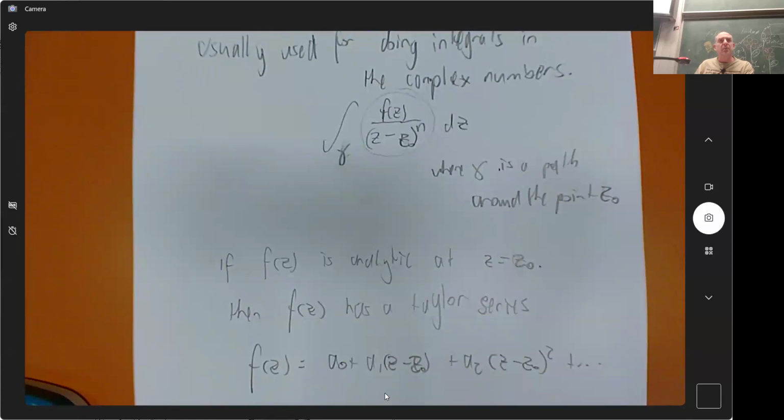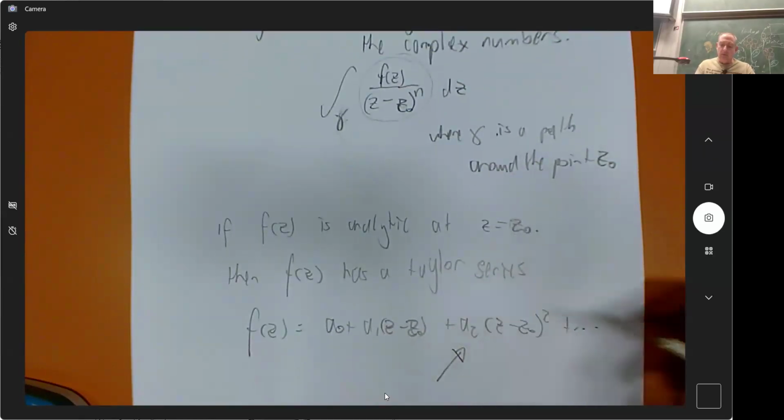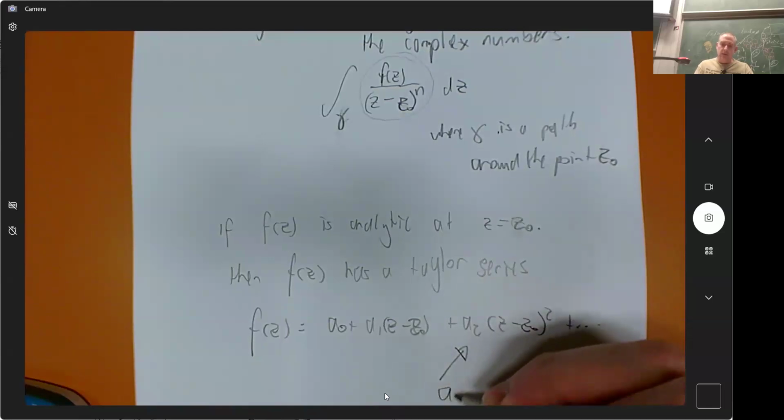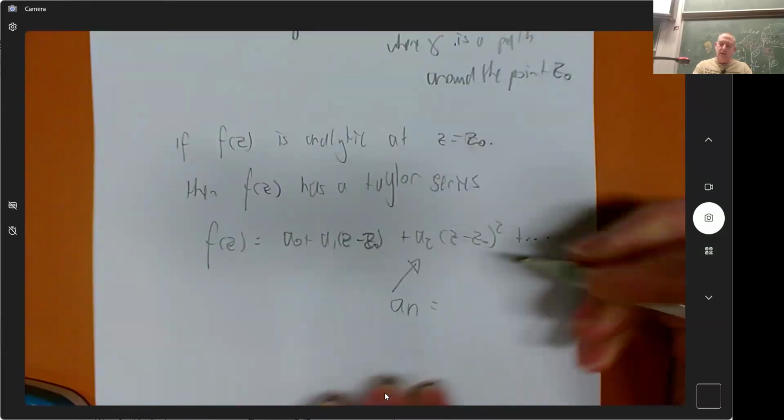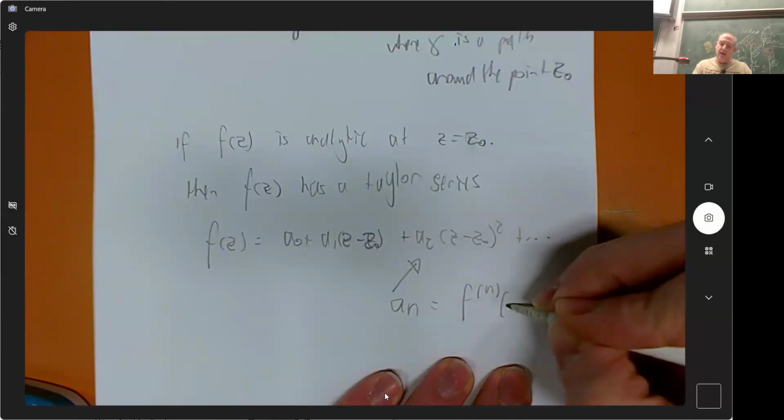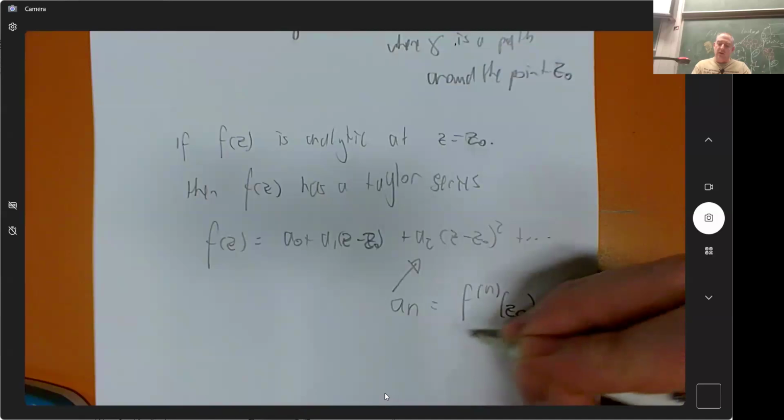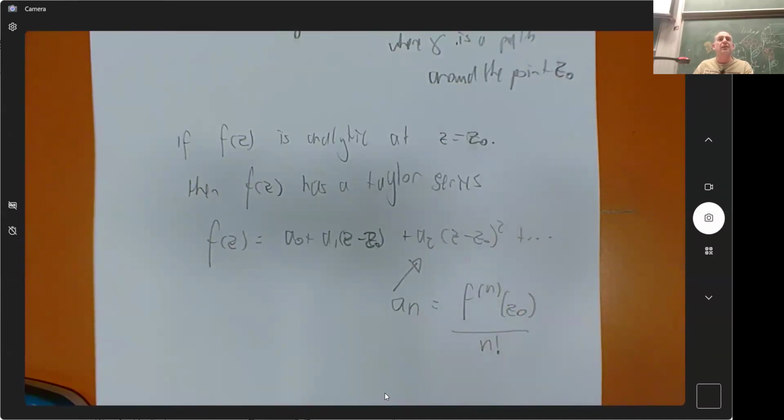And it may be that it's a polynomial already, in which case there'll come a point where the coefficients are 0, because if it's a degree 7 polynomial, you won't be able to go past the 7th degree. And it may be that it's not a polynomial already, and it's something like e to the z, in which case it'll go forever. And then the correct answer for what goes in this spot is the nth derivative at z0 of your function divided by n factorial. That's the correct thing to go in that spot.